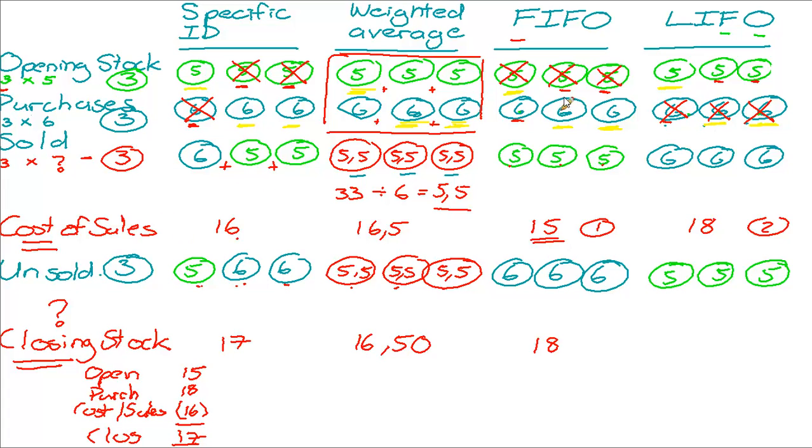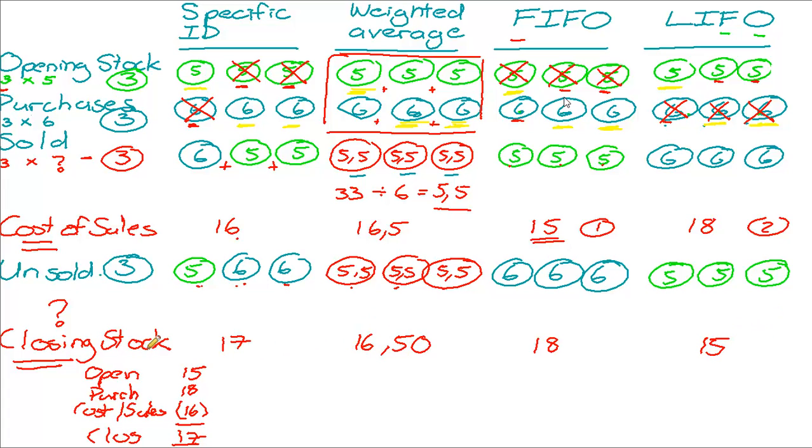Sorry about that. So we said, okay, these ones were the ones sold, so we're then left with the 3 5s. So then we've got 15 here.